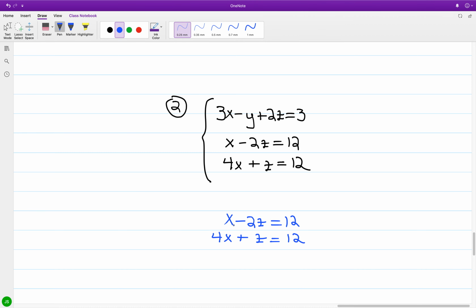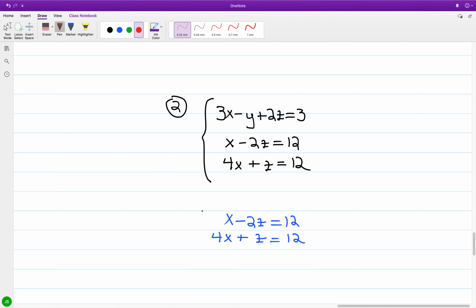If I apply the addition method, I can eliminate one variable and solve for the other. Here we have x and 4x, and we have negative 2z and z, and each equation is set equal to 12. I can either eliminate x and solve for z, or do it the other way around. It doesn't matter. We'll go ahead and solve for z. That which will eliminate 4x will be negative 4x.